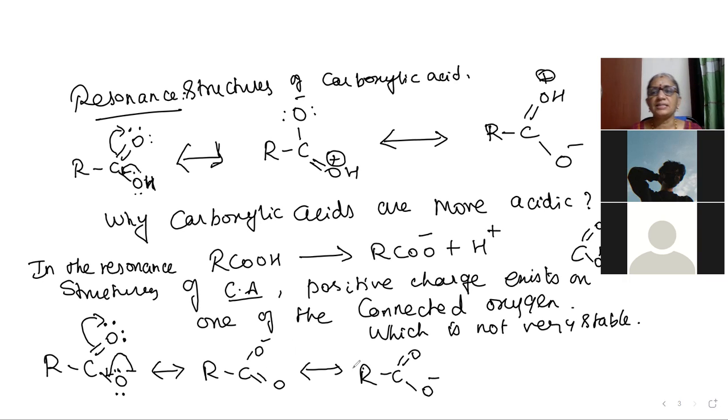When you look at these resonance structures, do you see any positive charge on any of the oxygens? There is only negative charge. In the carboxylic acid, one of the oxygens has a negative charge and the other has a positive charge.